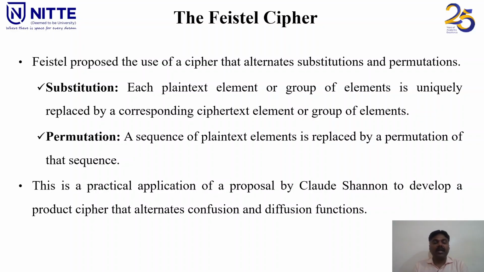In permutation, a sequence of plaintext elements is replaced by a permutation of that sequence. This is a practical application of a proposal by Claude Shannon to develop a product cipher that alternates confusion and diffusion functions.